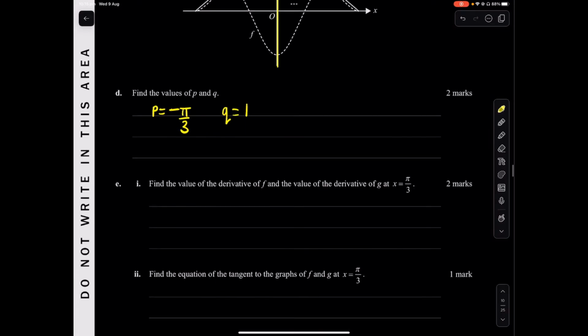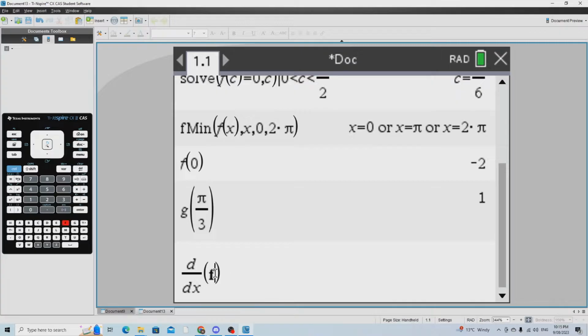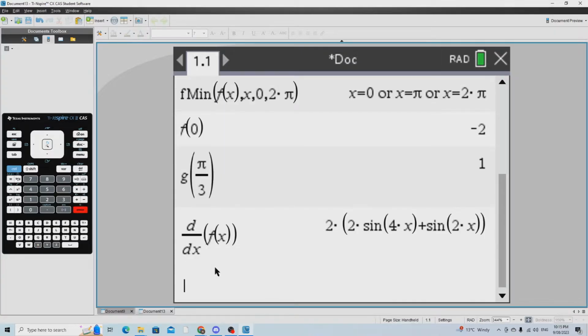Find the value of the derivative of f and the value of the derivative of g at this point. Okay, so we want to find f dash of x and g dash of x. So go on your calculator. Shift minus of x for f of x first. And it gives you this function here.